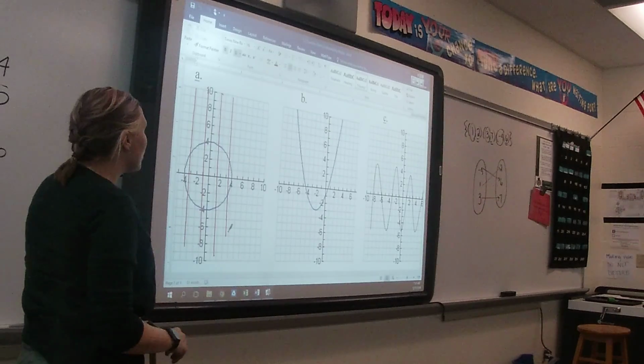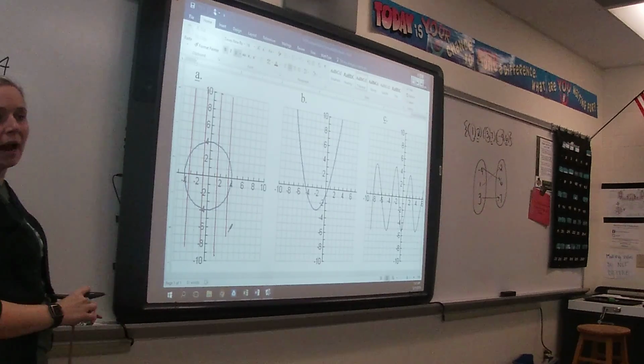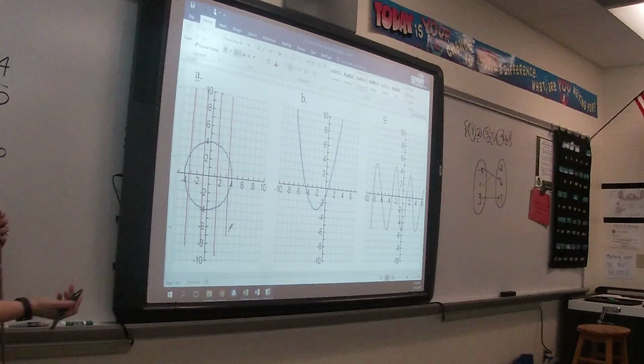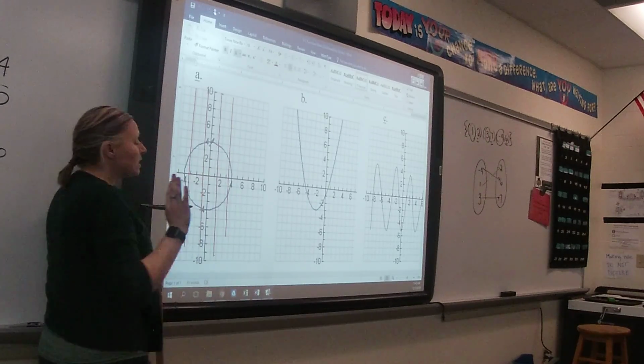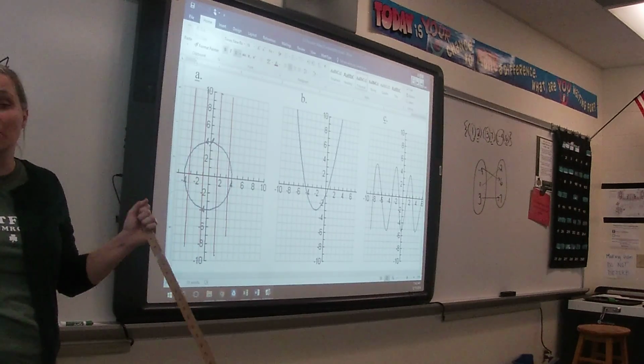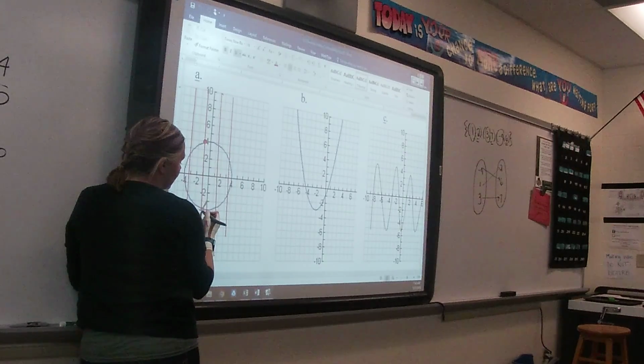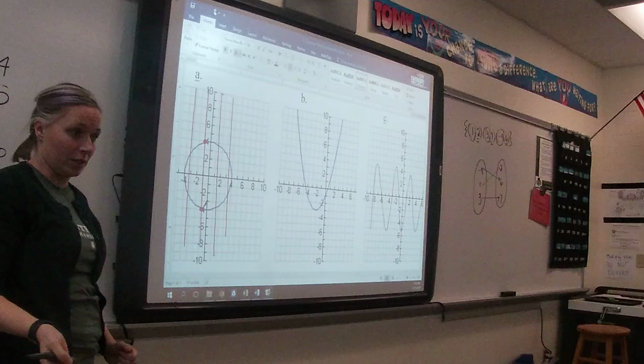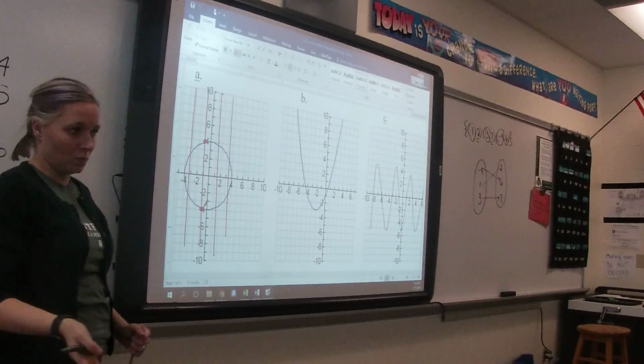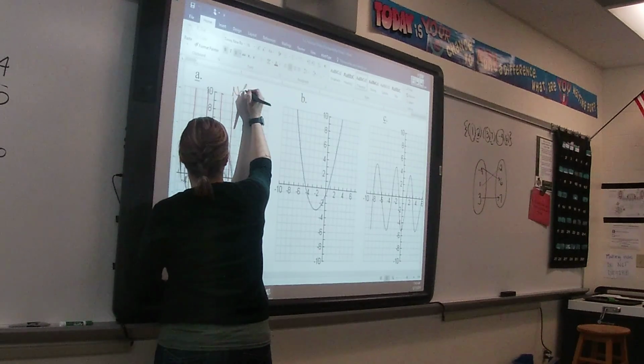Do we see a vertical line that touches this graph more than once? Yes, multiples of them. It doesn't matter if you can find one or a million. If you can find a line that touches it more than once, it's not a function. So this is not a function.